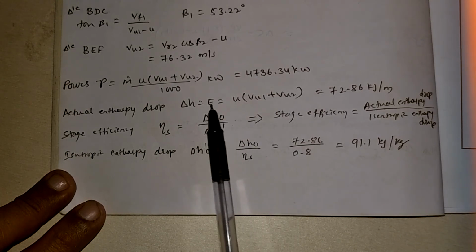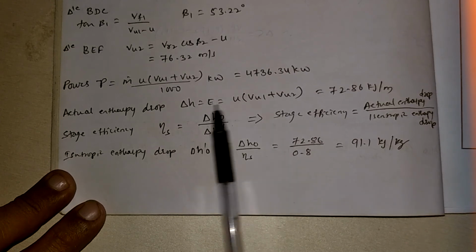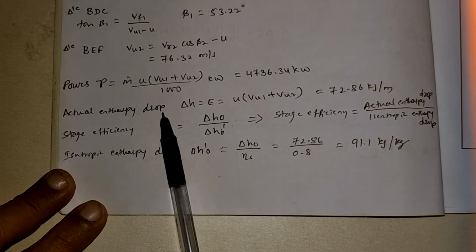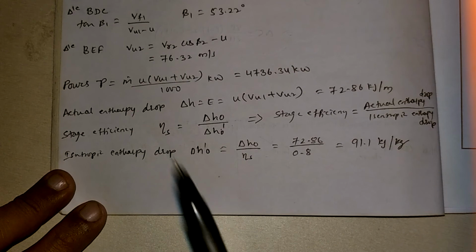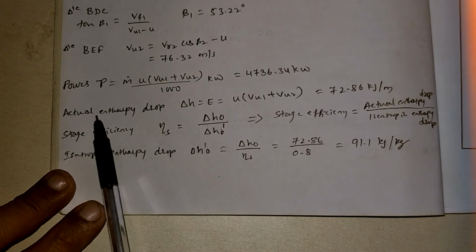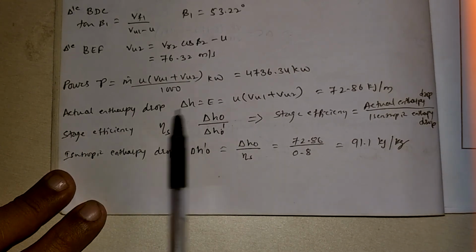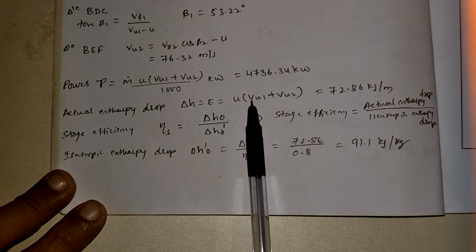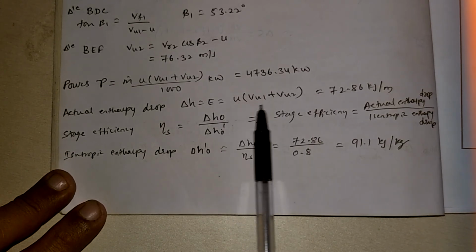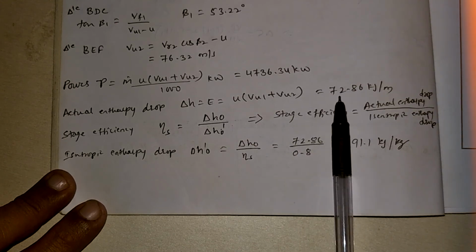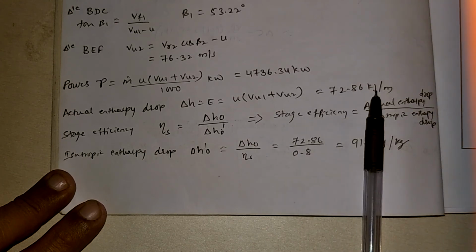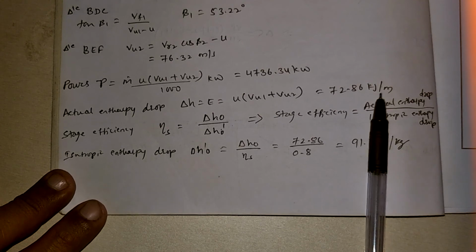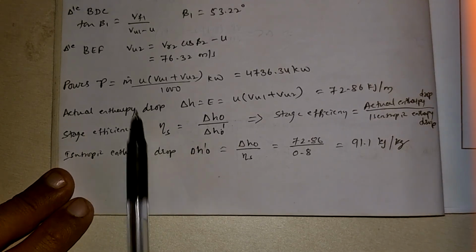The M parameter is not there in case of actual enthalpy drop; we are considering mass flow rate as 1 here. So it is given by U into bracket VU1 plus VU2. So just substitute the values and calculate. We'll get 72.86 kilojoules per kg, right? So this is regarding actual enthalpy drop.